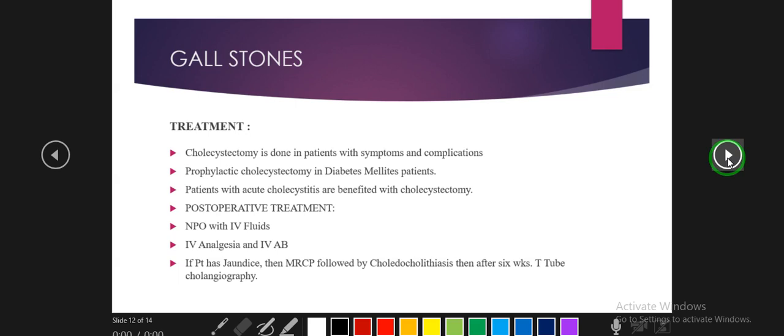Patients with acute cholecystitis benefit from cholecystectomy. Post-operative treatment: NPO, IV fluids, IV analgesia, IV antibiotics. If patient has jaundice, then MRCP followed by treatment of choledocholithiasis. Then after 6 weeks, T-tube cholangiography may be done to confirm the presence of stone.